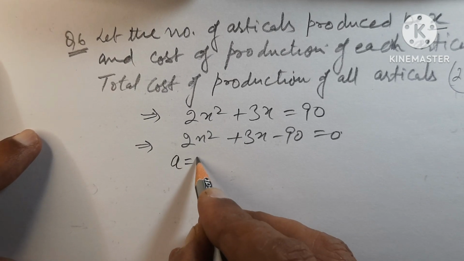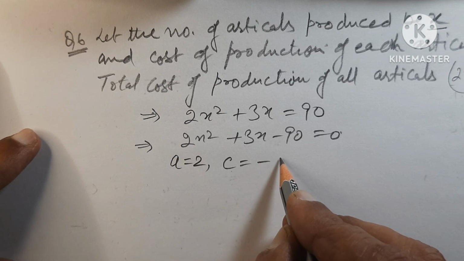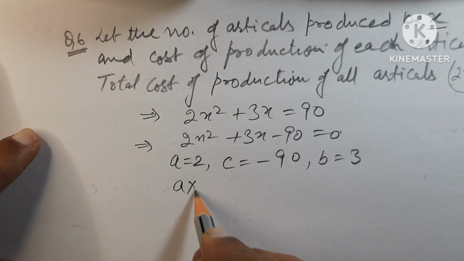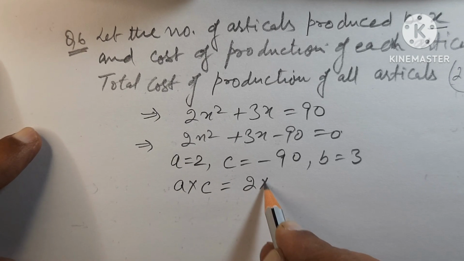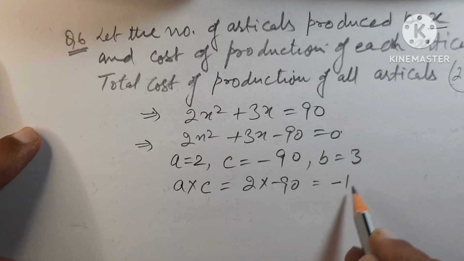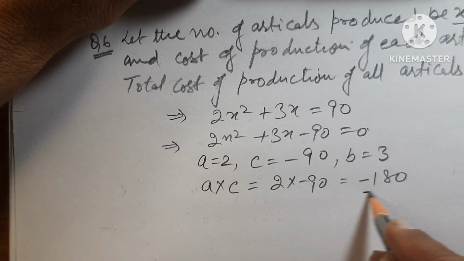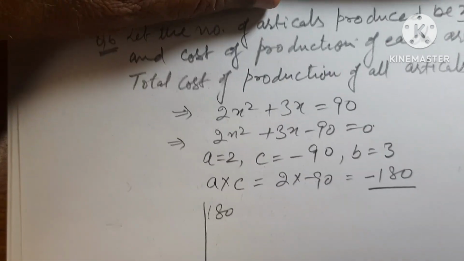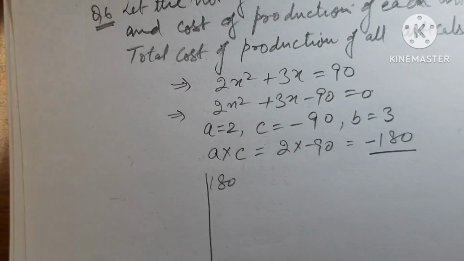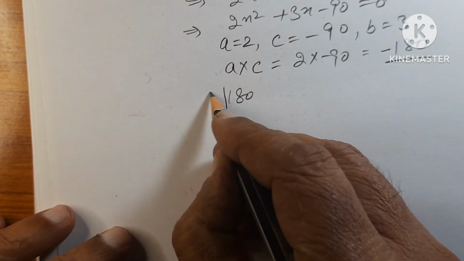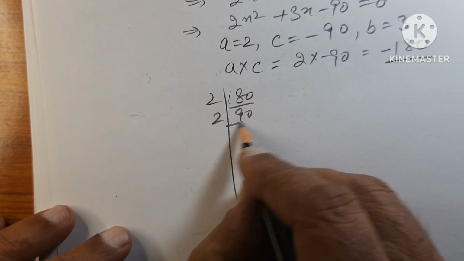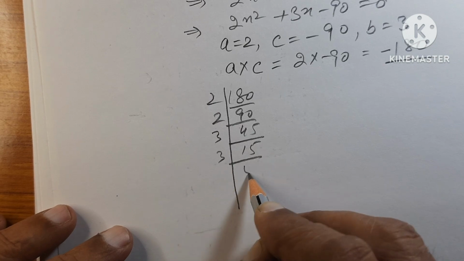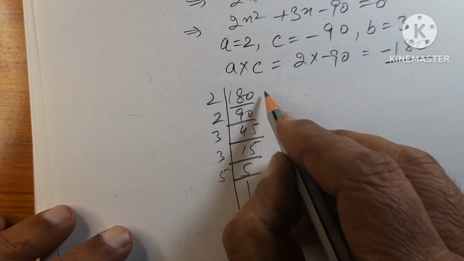So A is equal to 2, C is equal to minus 90 and B is equal to 3. A into C is equal to 2 into minus 90, which is minus 180. Now the prime factors of 180: 2, 90, 2, 45, 3, 15, 3, 5, 5, 1.